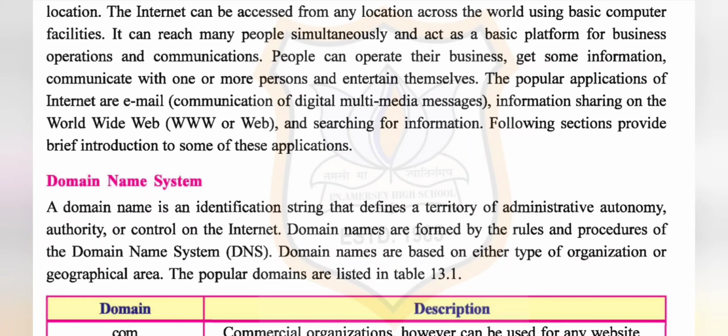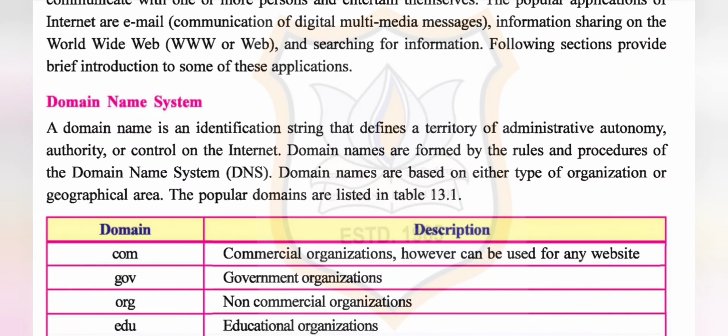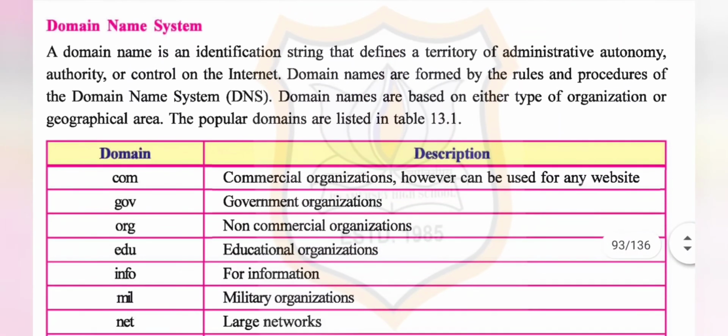People can operate their business, get some information, communicate with one or more persons, and entertain themselves. The popular applications of internet are email, communication of digital multimedia messages, information sharing on the World Wide Web, and searching for information. Following sections provide brief introduction to some of these applications.